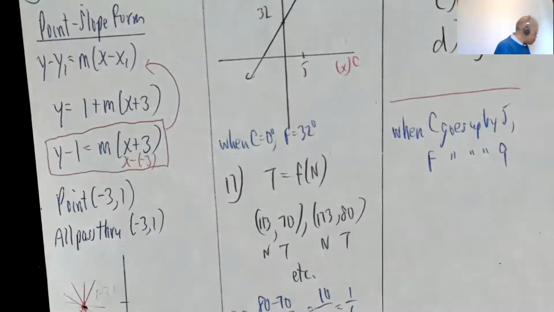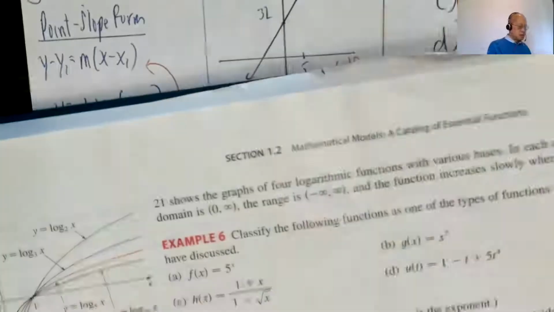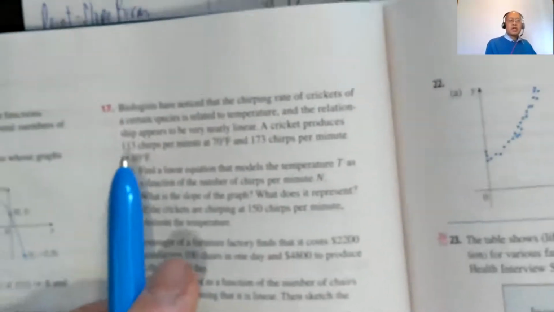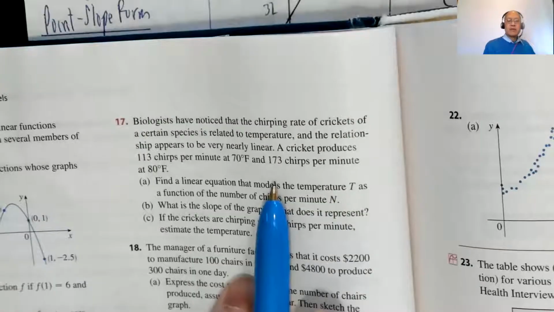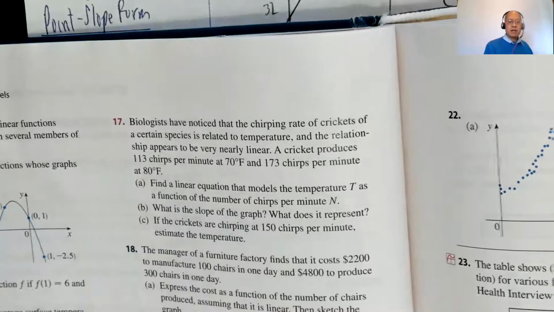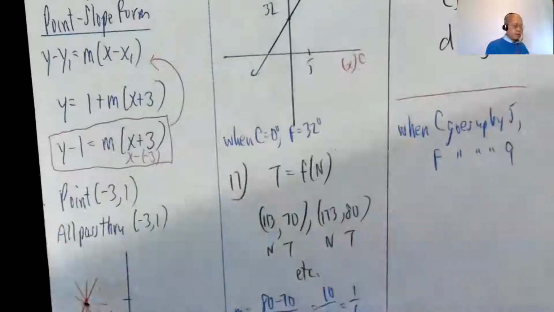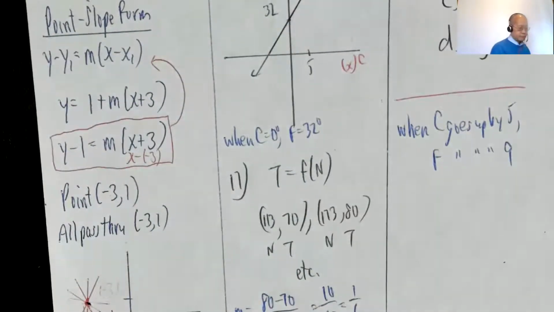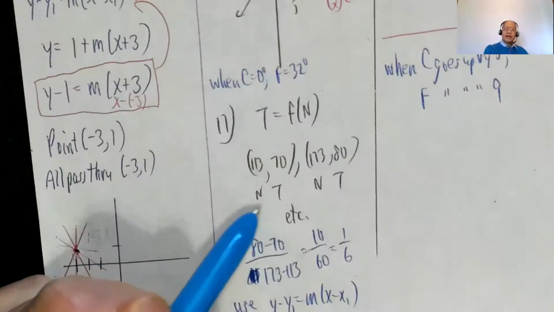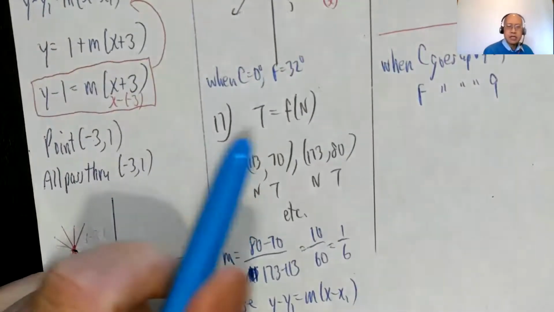17 says something about the chirping of birds. So you take a couple of ordered pairs, essentially. You have 113 chirps per minute at 70 degrees, 173 chirps per minute at 80 degrees. Those are ordered pairs. So x, y is n comma t. T is a function of n.